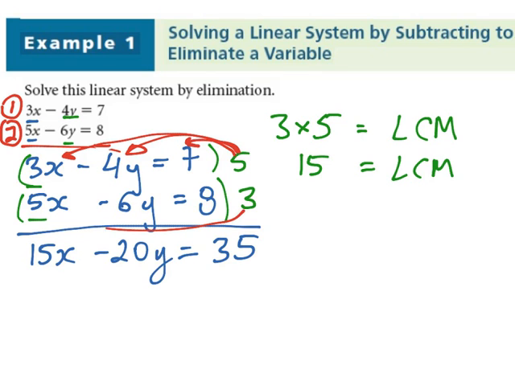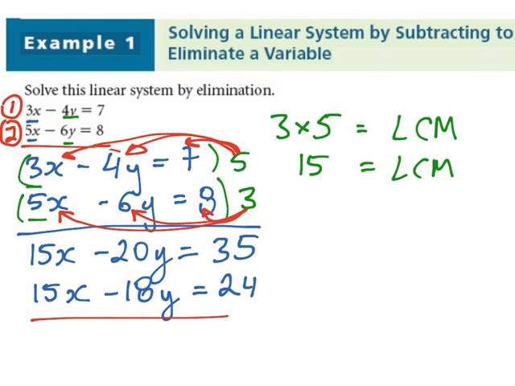We do a similar procedure in the second equation. We multiply the 3 by each and every term in equation number 2. So 5 times 3 is 15x. Negative 6 times 3 is negative 18y, and 8 times 3 is 24.